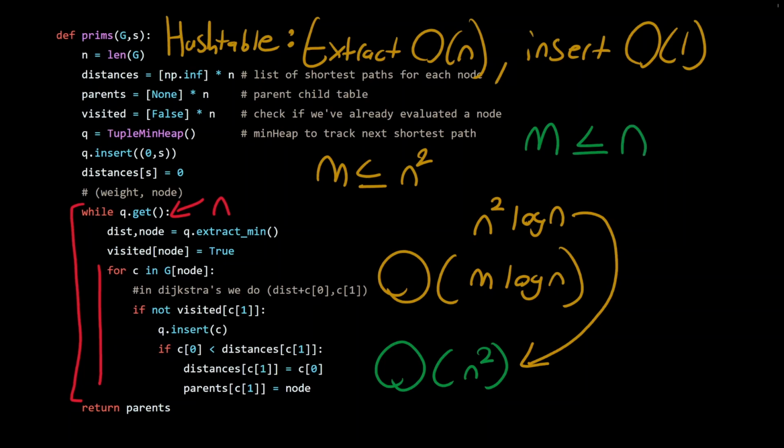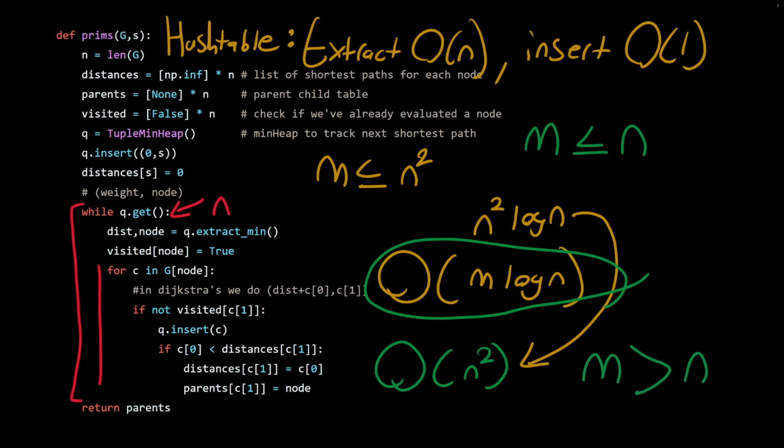So in those cases, when m is less than or equal to n, we're going to pick the min-heap solution. But when m is larger than n, we want to pick this hash table solution. But in most cases, we're not going to have that many m connections, so we can be safe to assume and pick the min-heap solution. But if m is larger, again, we are going to pick the hash table solution.